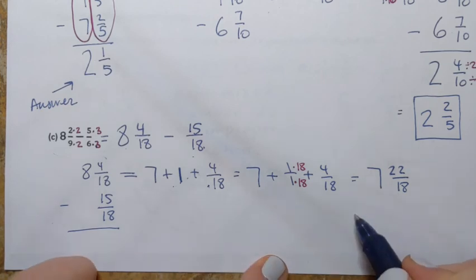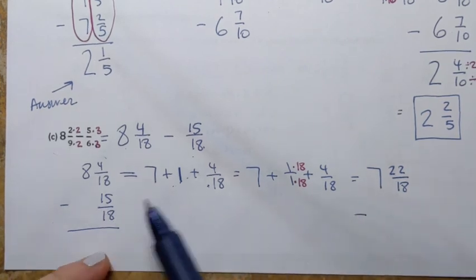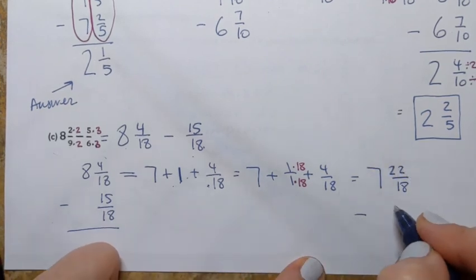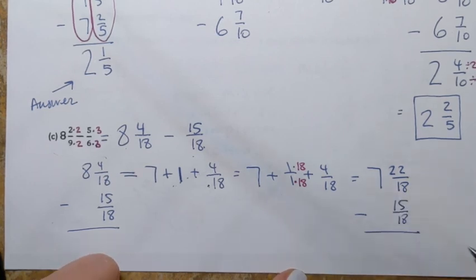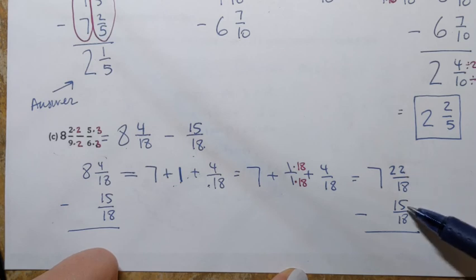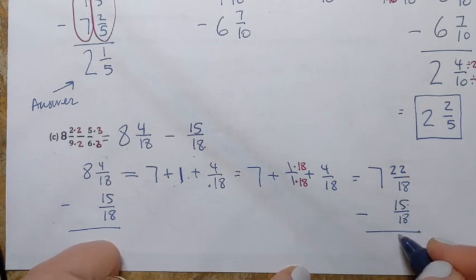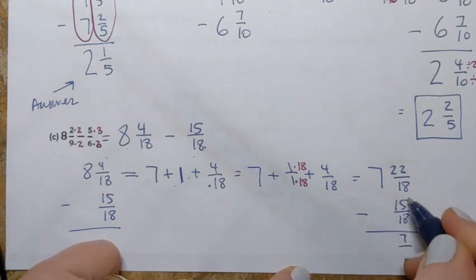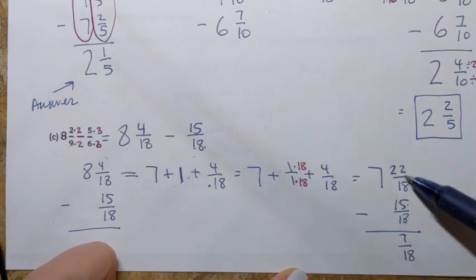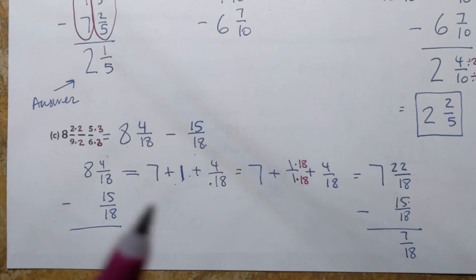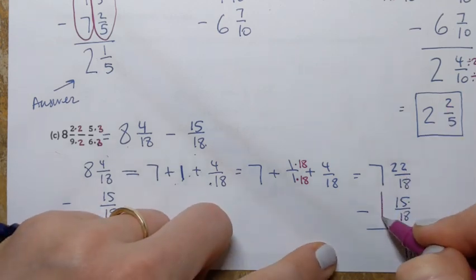And now I will rewrite this second fraction. I'm ready to subtract 15 over 18. I have enough to subtract, right? 22 minus 15, that's 7. And the denominator stays 18. So subtracting fractions gives me 7 over 18. And I'll just bring down that 7. There's nothing to subtract from it.